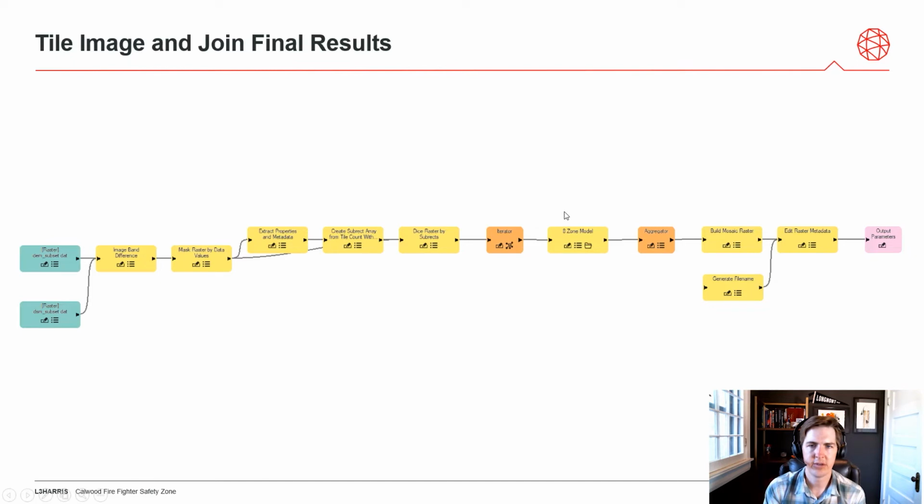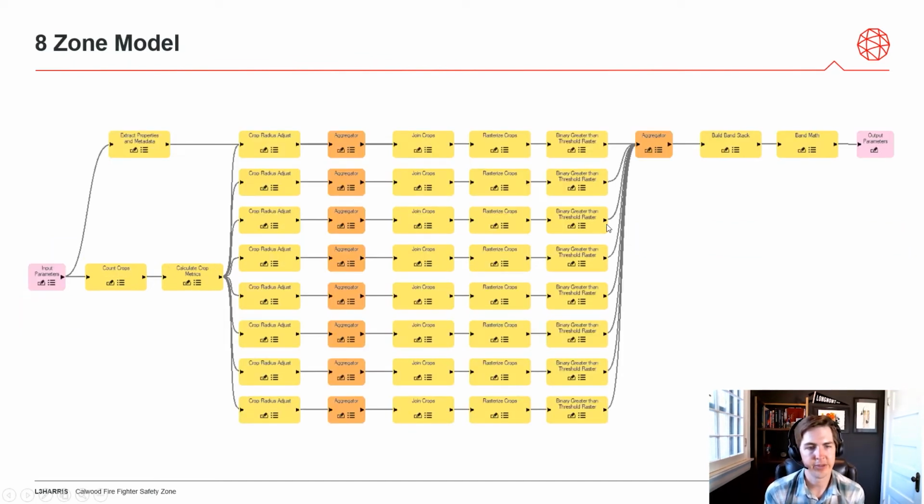Right here between the two orange boxes is where all the hard work happened, and it looked like this. So don't be intimidated. Each one of these is essentially just a replicated task over and over: 1 times the vegetation height, 2 times the vegetation height, 3 times the vegetation height, 4 times the vegetation height, and then I stacked them all together to get my final representation.